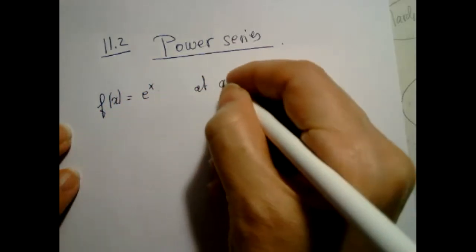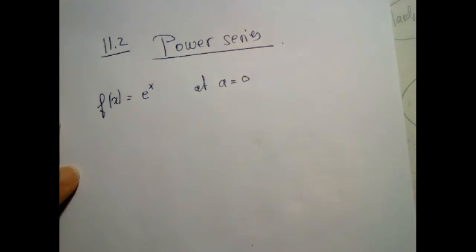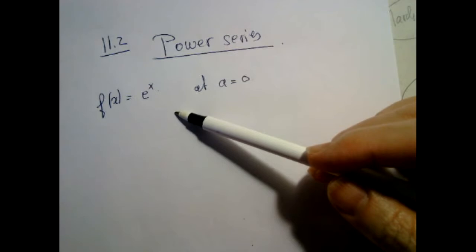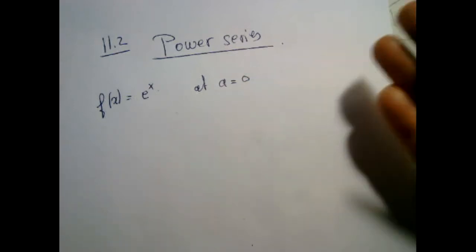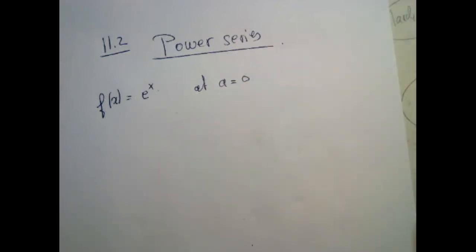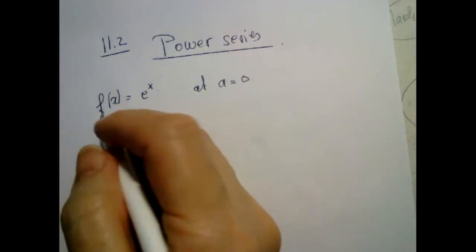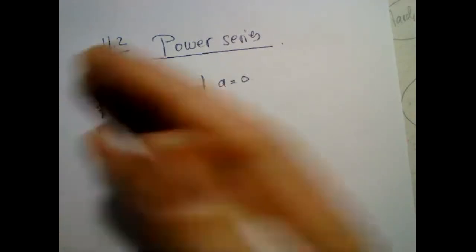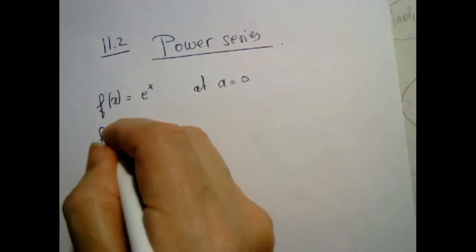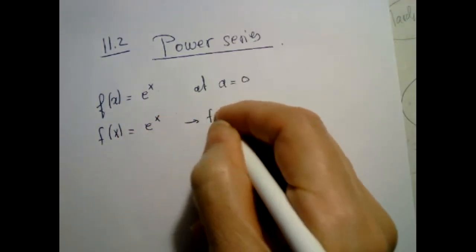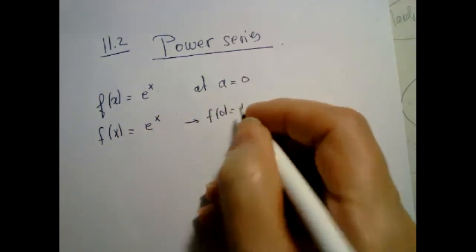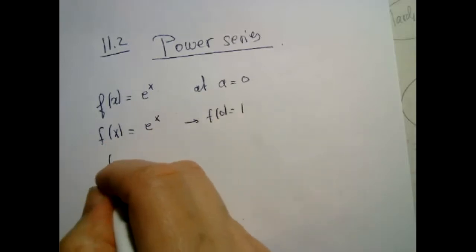Pretend to be simple. And at a equal to 0, I'm going to find its Taylor polynomials. So f of x equals e to the x at a equal to 0. Let us say I want to find its Taylor polynomial of degree 5. Remember, I need up to the 5th derivative. So e to the x at 0 is 1.